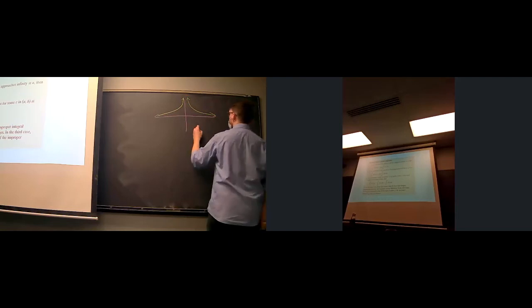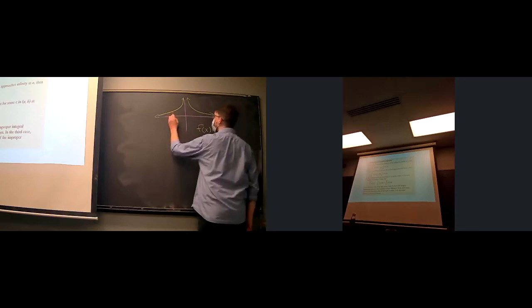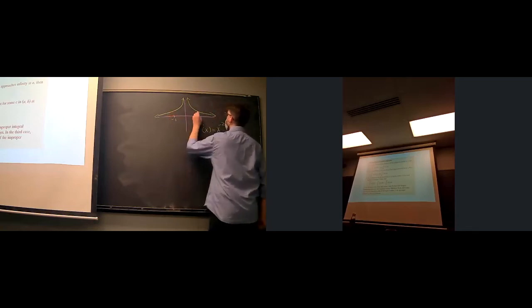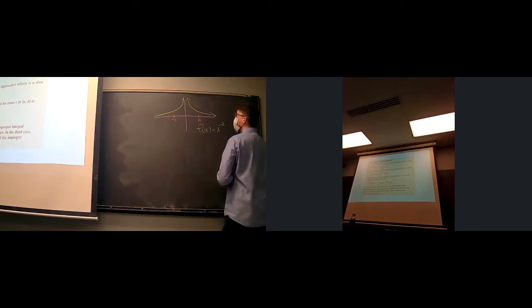This is f of x equal to x to the negative second power. And if we wanted to find the area, say from -1 to 2, we'd have to find the area in 2 parts.